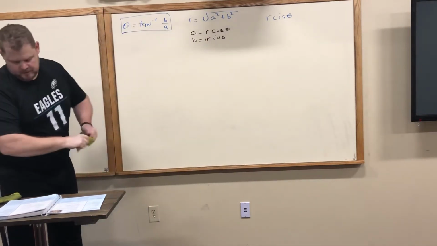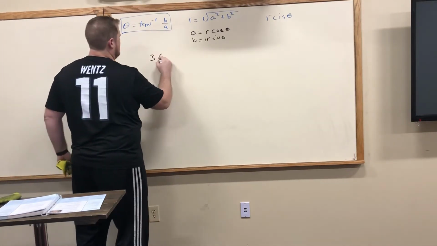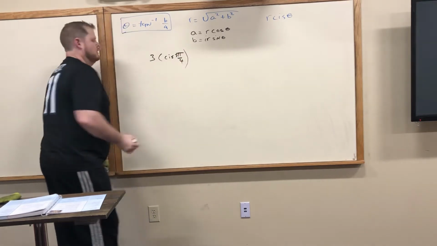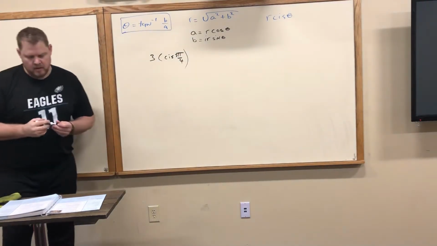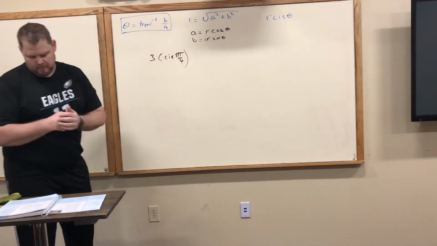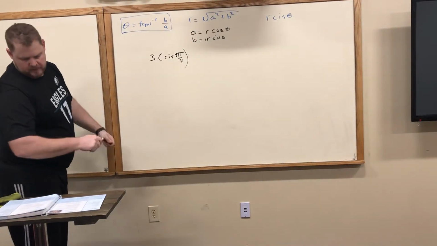The next problem is 3 cis 3 pi over 4. Okay, so we're looking to get this in rectangular form. So we're looking at the same kind of problem, we just have to work it out. So here we go.